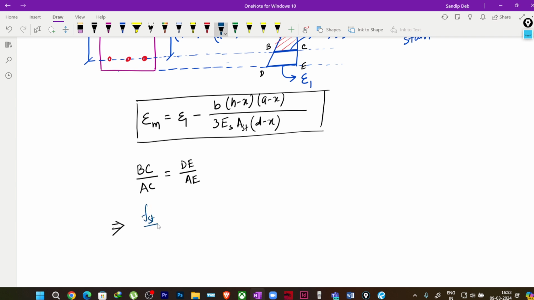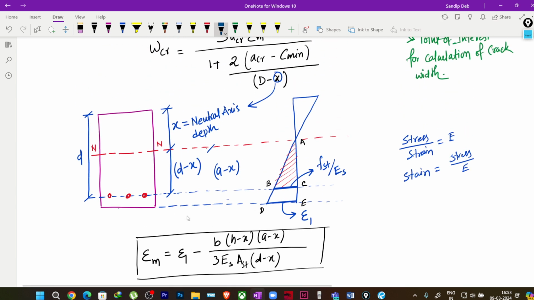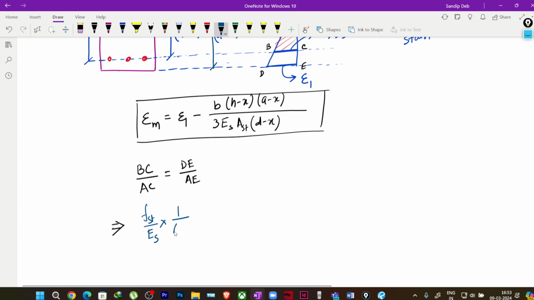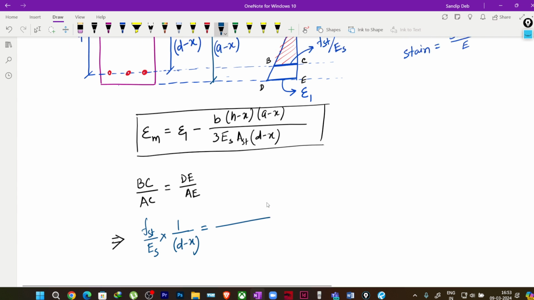FST by ES multiplied by C divided by AC. So 1 by, what is this AC? AC we know it is D minus X. Let me just draw this also. So AC is nothing but D minus X. So I'll just write divided by 1 by D minus X equal to then DE.